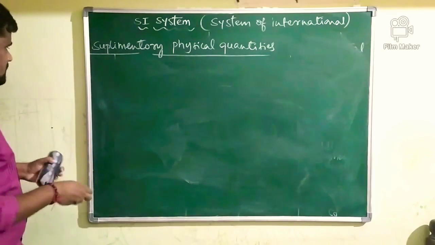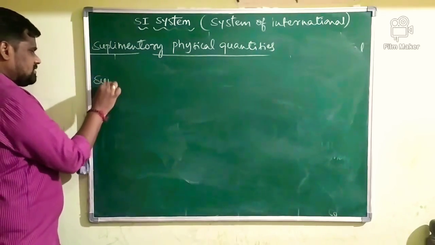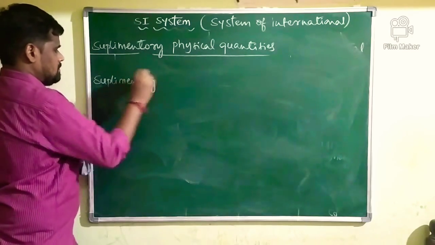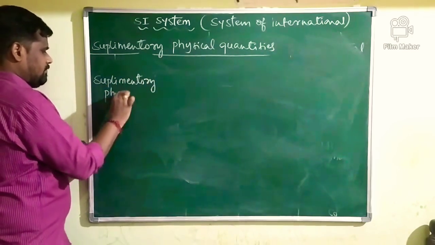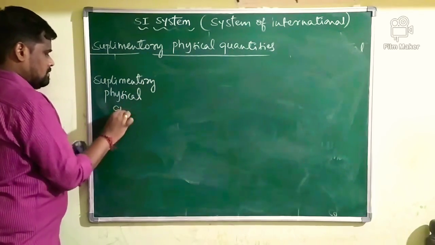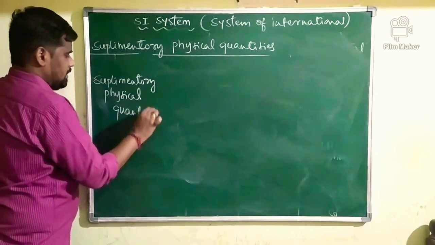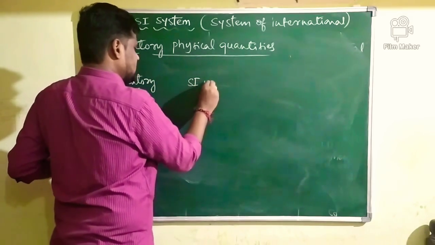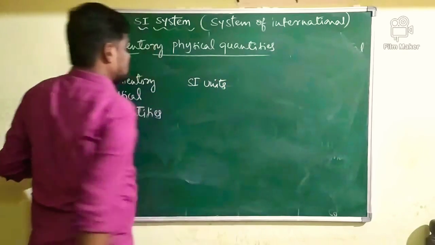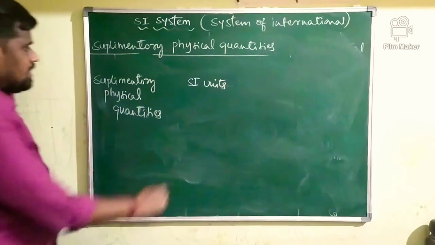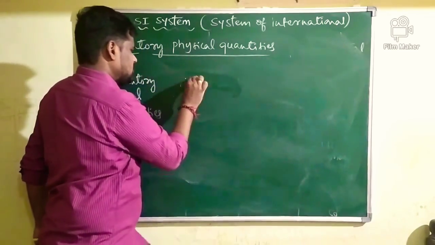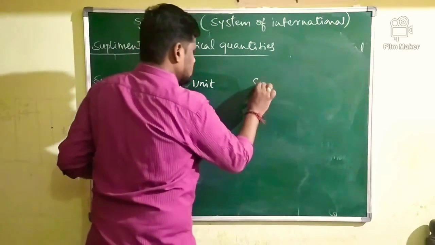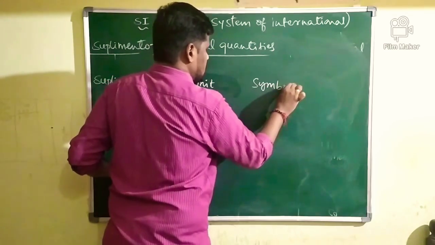Next you consider the information about what? Supplementary physical quantities. The next table is supplementary physical quantities, their SI units, or simply I will call it the unit. Then comes the symbol.